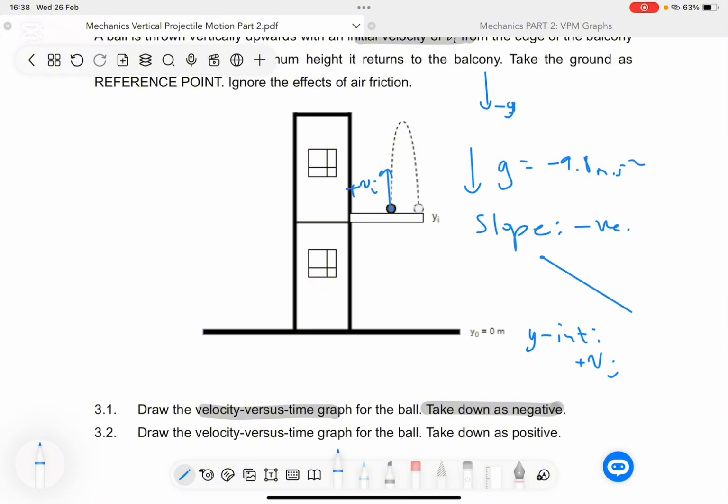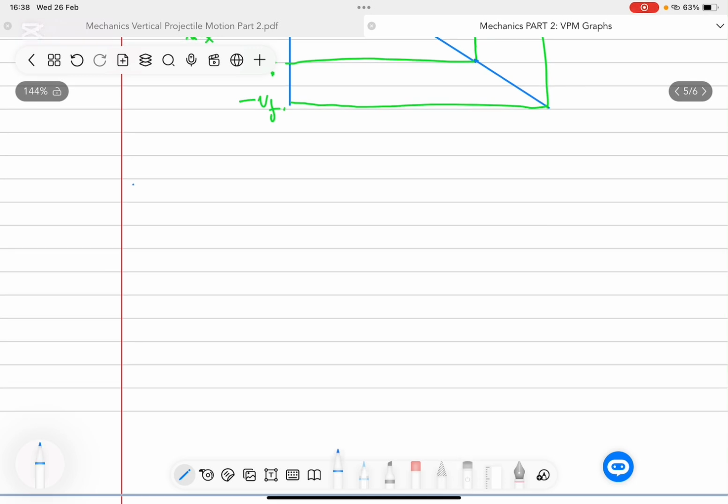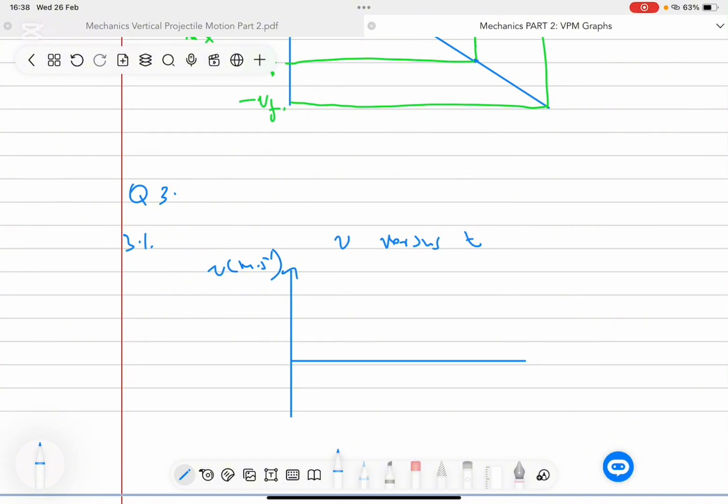So here we're going to have a point vi which is positive. Now when we put this on our axis, we're going to have the velocity versus time graph, and we actually have here v, which is meters per second, and we also have here t, which is measured in seconds.